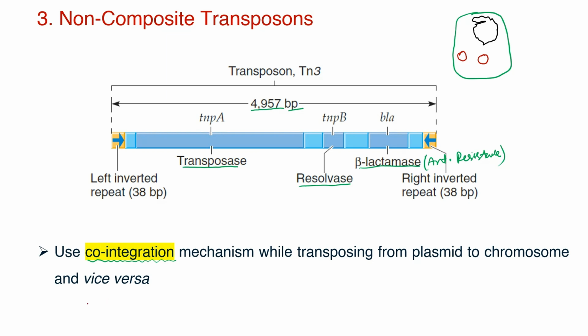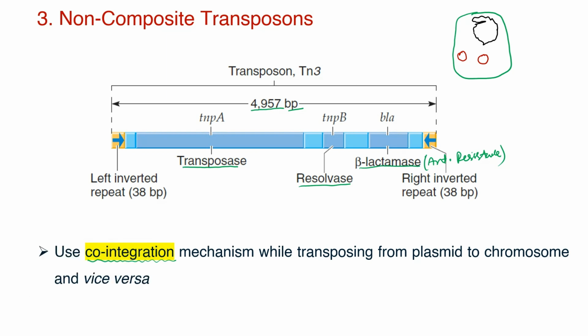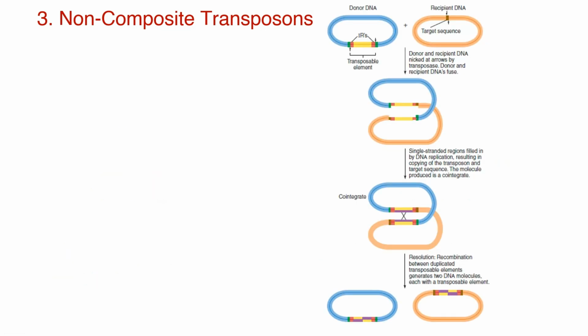And if this transposable element is present on chromosome, it will be transposed to plasmid, or if it is present on plasmid, it will be transposed to chromosome. This is what we mean by from plasmid to chromosome and vice versa. So how this co-integration mechanism takes place, let's have a look here. I hope it's pretty clear. So look here, there is this donor DNA in the blue color, and there is this recipient DNA in the blue color.